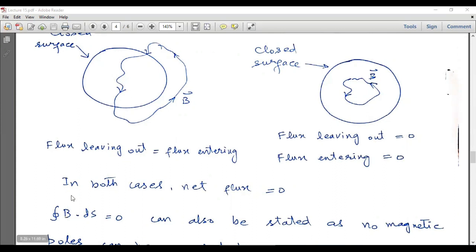So in that case, the closed surface integral won't be equal to 0. But here, if we want to make a closed surface, it has to contain both north and south poles. So net flux leaving out will be equal to the net flux entering the closed surface. So no magnetic pole can be isolated in this case.